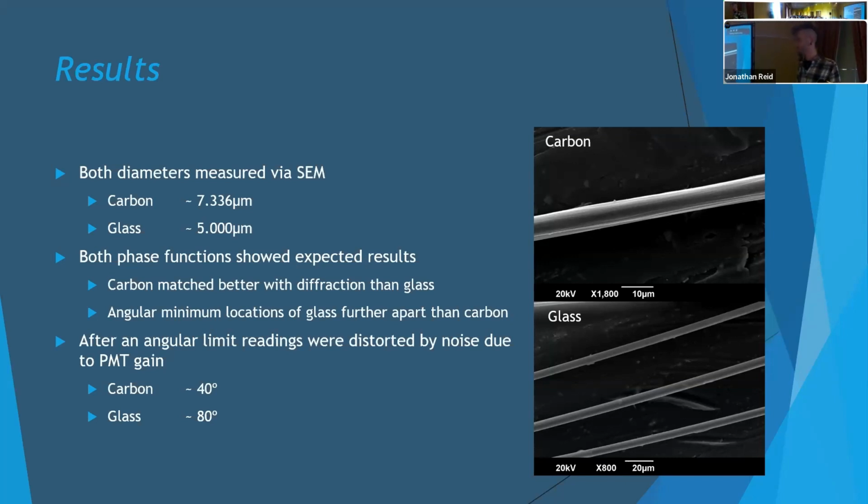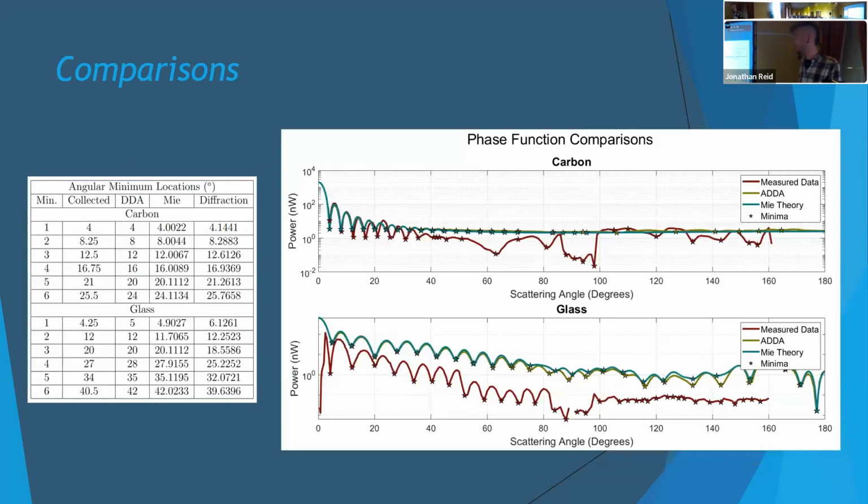The minimum location points matched up fairly well on forward scattering, but they deviated quite a lot as it went further back. And a lot of the readings from the PMT were distorted by noise after certain angles, and pretty useless, really. And here they are.